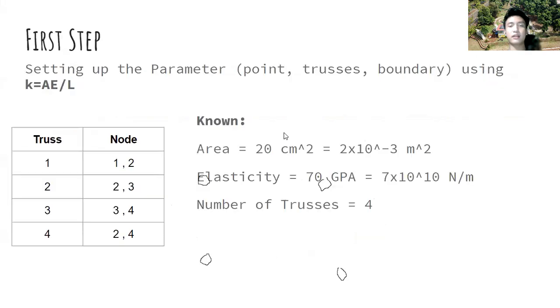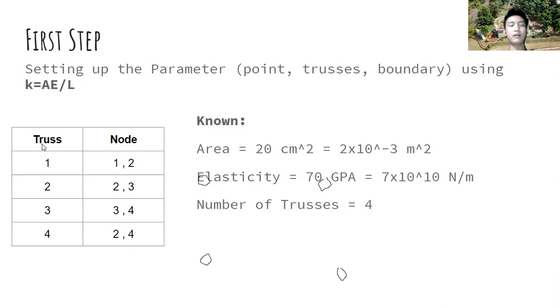Let's jump to the next slide. Our first step in solving this problem using Open Modelica is setting up the parameters that we're going to use, such as points, trusses, and boundary, using k equals A times E per L, where L means the length of the truss.